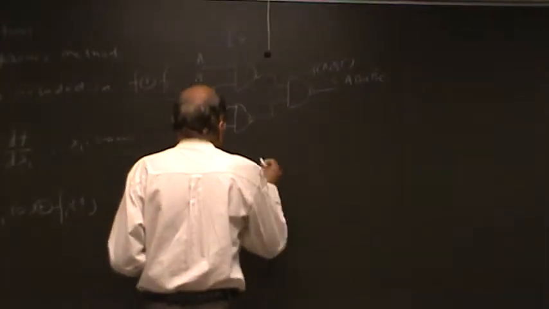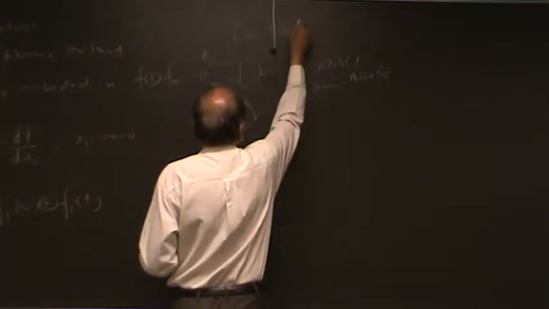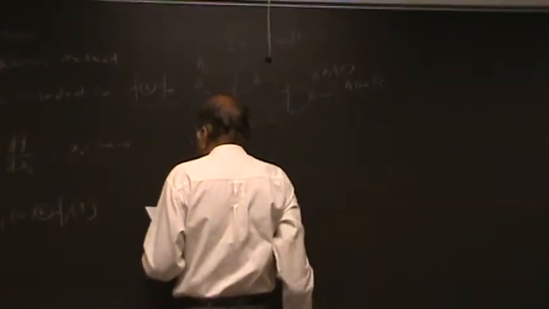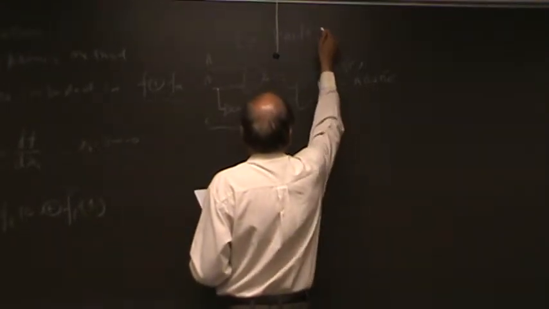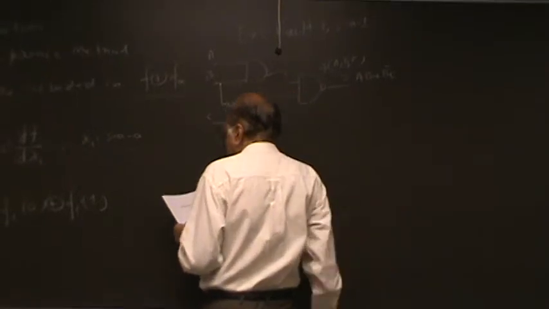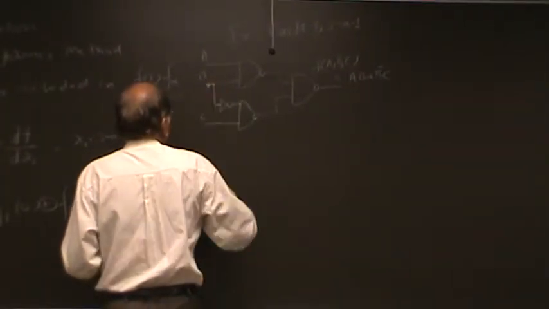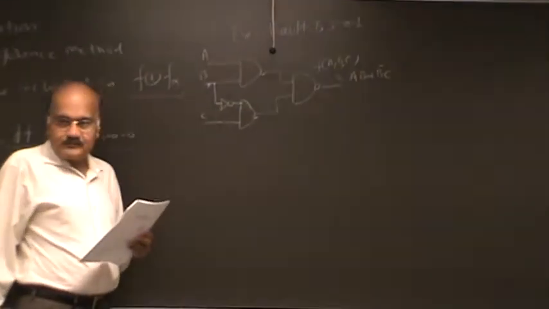Now let us consider the fault. Let us assume that the fault happens to be line B stuck at 1. So here we have a line B which is stuck at 1.